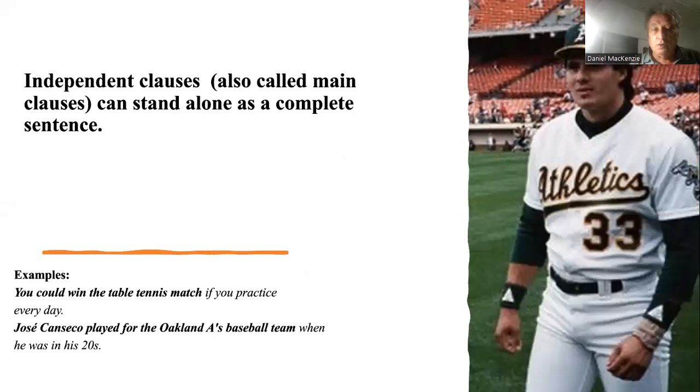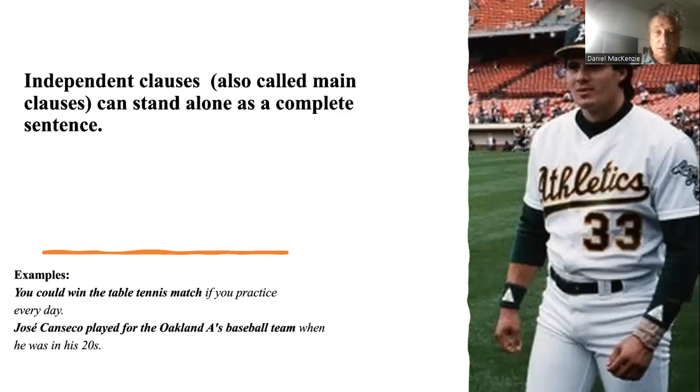Independent clauses, also called main clauses, can stand alone as a complete sentence. Example, you could win the table tennis match if you practice every day. What's written in bold, you could win the table tennis match, stands alone.